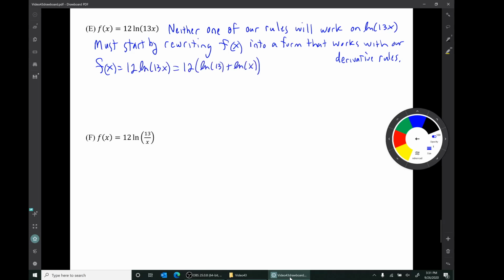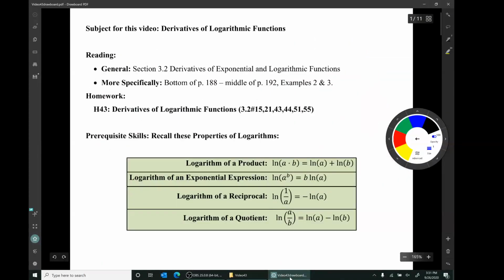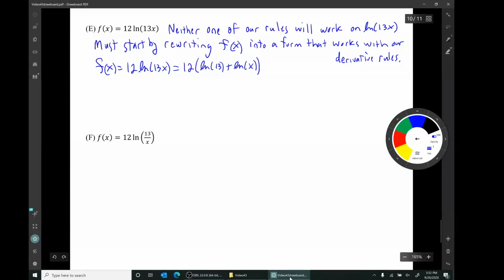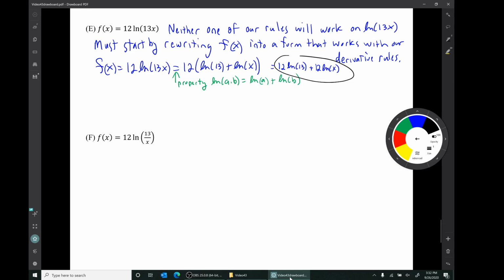Here I've used that property of logarithms from the very first page. ln of 13x is ln of 13 plus ln of x. So there we have our function rewritten in a way that the only thing inside of the parentheses is the x, or the number 13. So now we're ready to find the derivative.